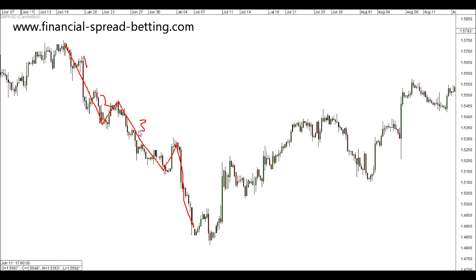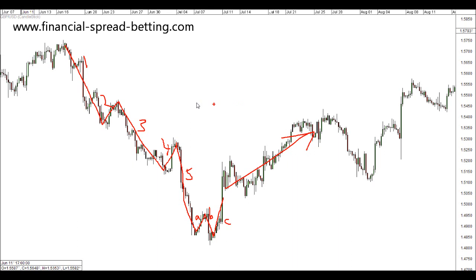Here's our 5-3 wave pattern. And then we have our ABC correction. A, B, C. And price then goes on the upside.